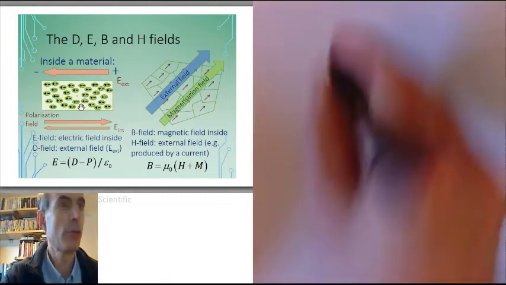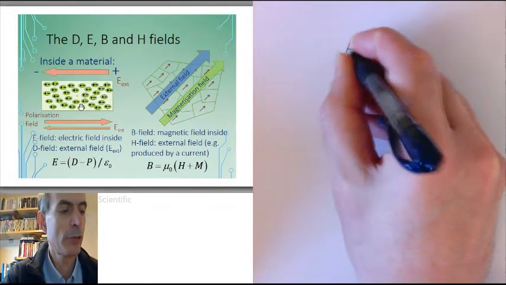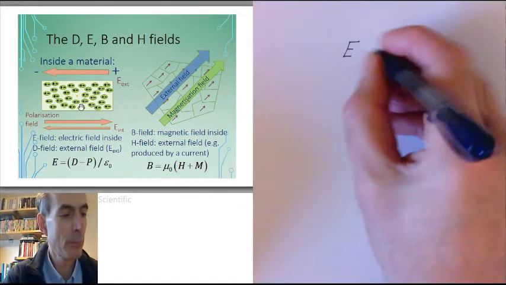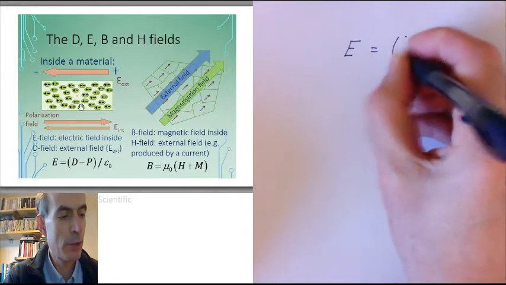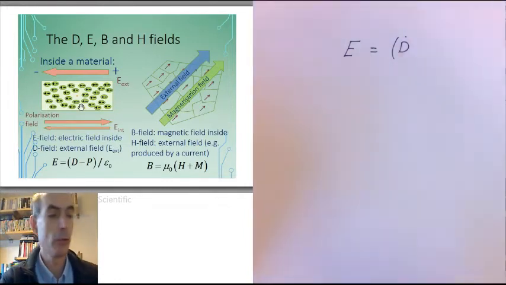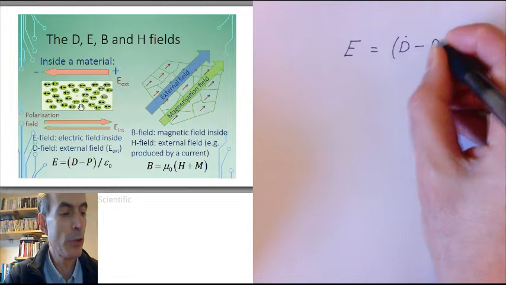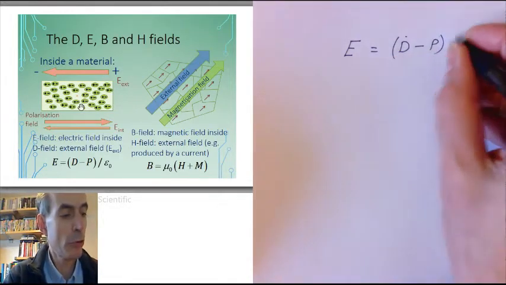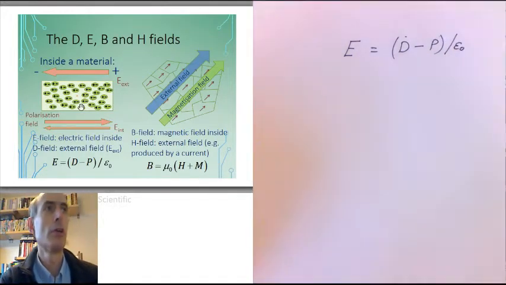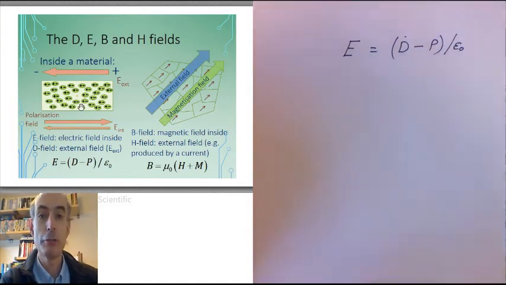So we can write that the electric field inside the material is the externally applied electric field minus the polarization field, and for historical reasons there is a constant known as the permittivity of free space included in that formula.